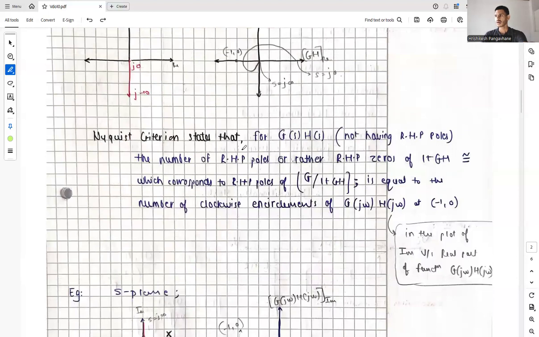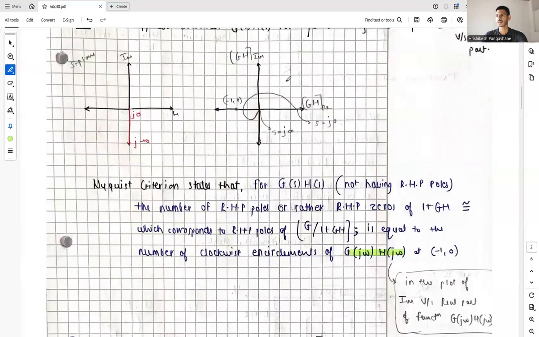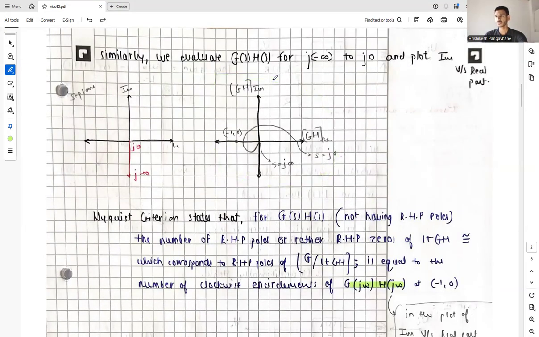So G(jω)H(jω) is in the plot of imaginary versus real part of the function G(jω)H(jω). So this is what we are talking about.